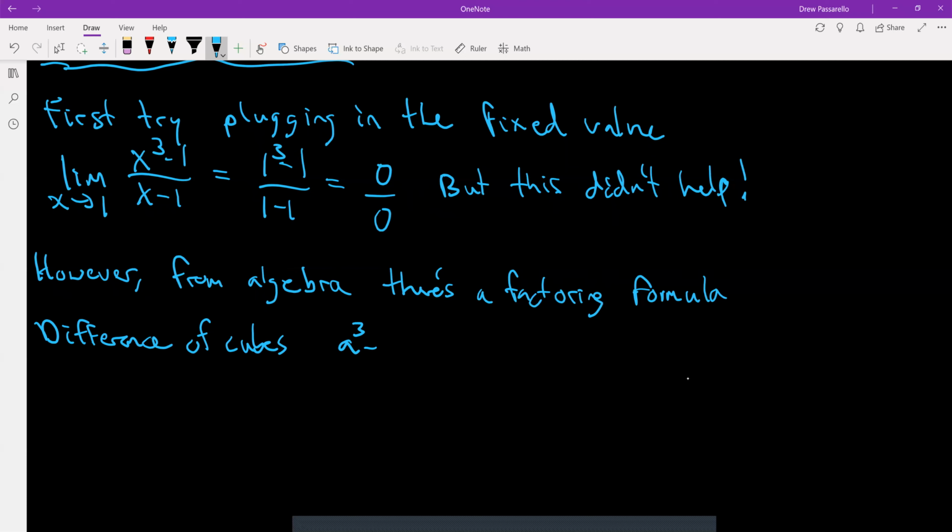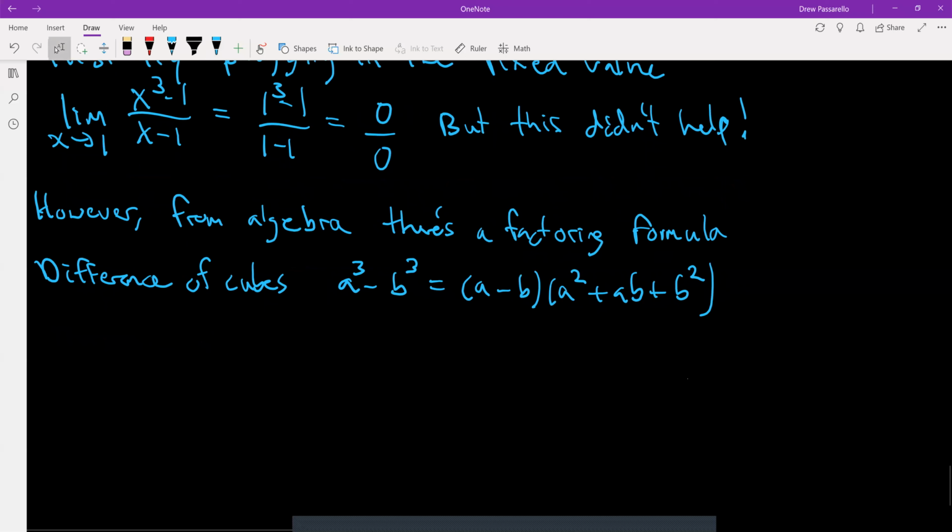That's a cubed minus b cubed factors into a minus b times a squared plus ab plus b squared. So that's the formula I'm going to use. So for x cubed minus 1, right, because 1 cubed is 1, I can apply this. This turns into x minus 1 times x squared plus x plus 1.